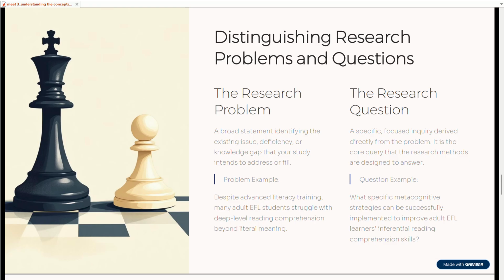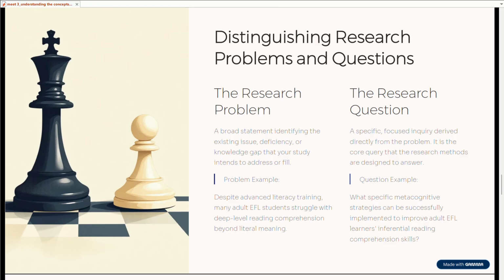Whereas the research question is a specific, focused inquiry derived directly from the problem. It is the core query that the research methods are designed to answer. So by reading the research question, we know what research methods are designed to answer it.